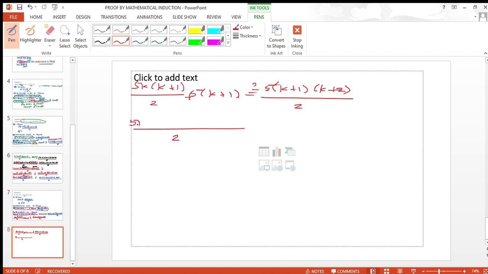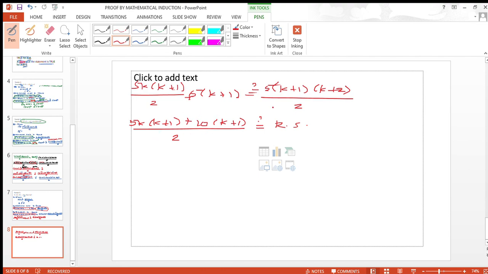That's 5k times k plus 1 plus, LCD here is 2, 2 divided by 1 is 2 times 5 is 10 times k plus 1. And this is equal to the right side.